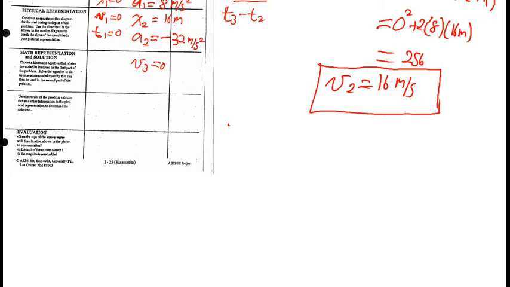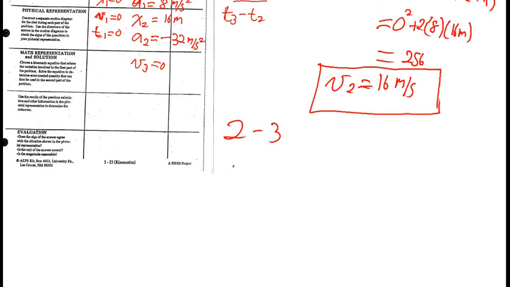which is really from point 2 to point 3. So we want to find out something about the time, so we want to use an equation with the time, and we now know the velocity at the beginning and the end, from 16 meters per second down to 0, and we know the acceleration for this part of the motion.